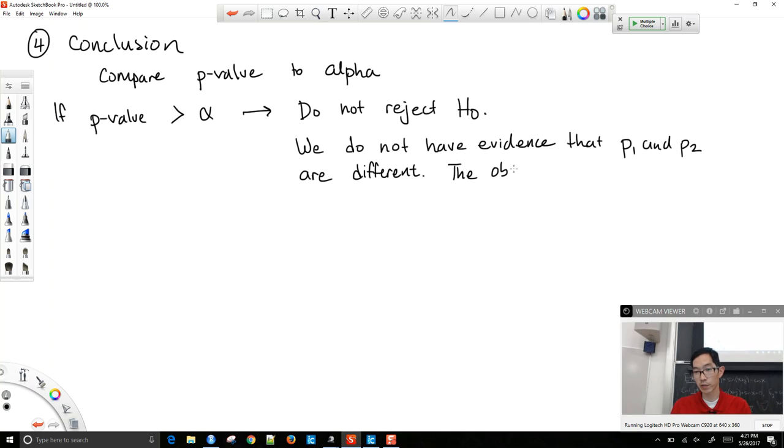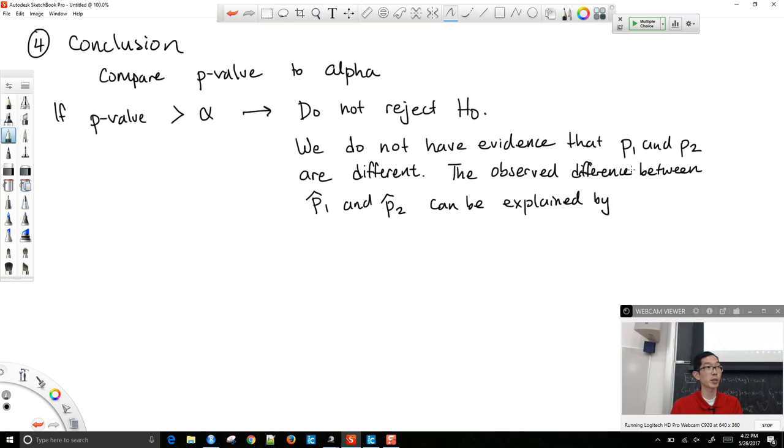The observed difference between P hat 1 and P hat 2 can be explained by the random sampling process. That's if the p-value is greater than alpha.